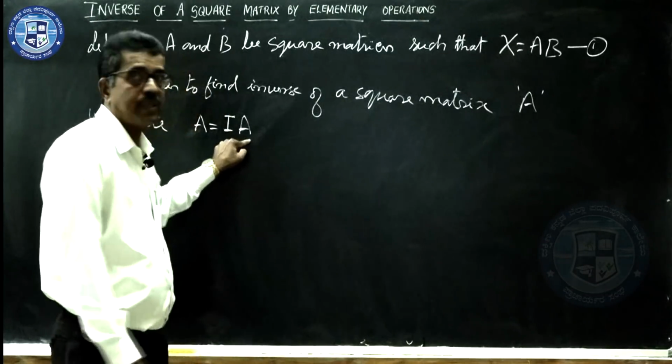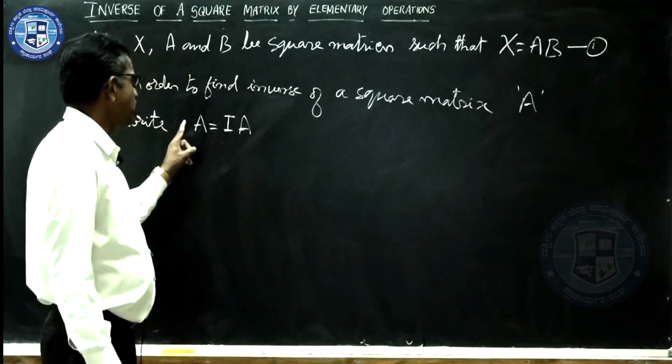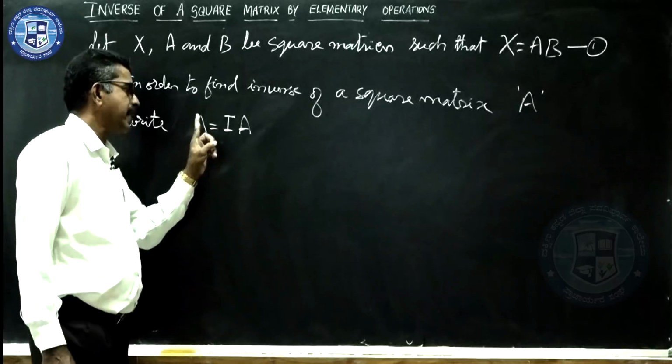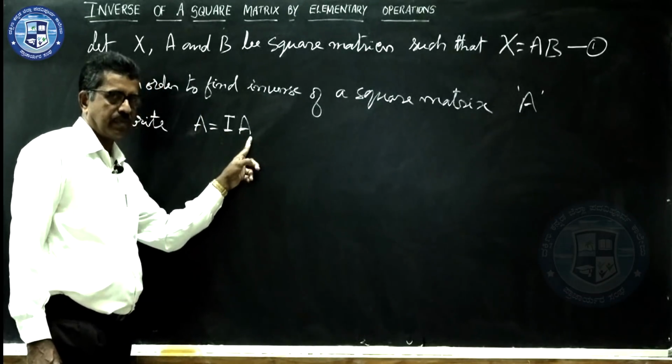When you apply a sequence of row operations, that row operation has to be applied to the first matrix, not to the second matrix.